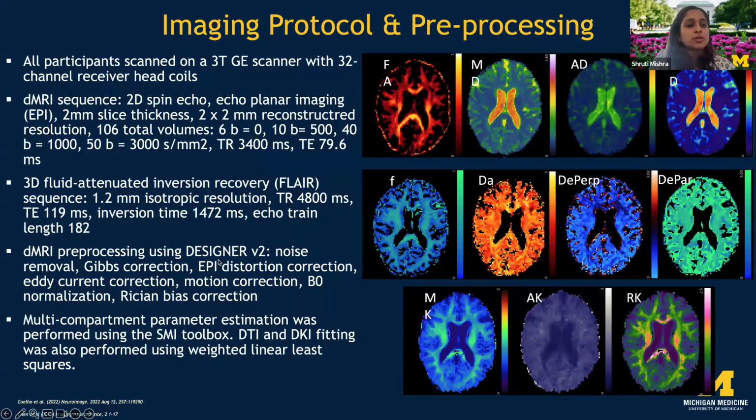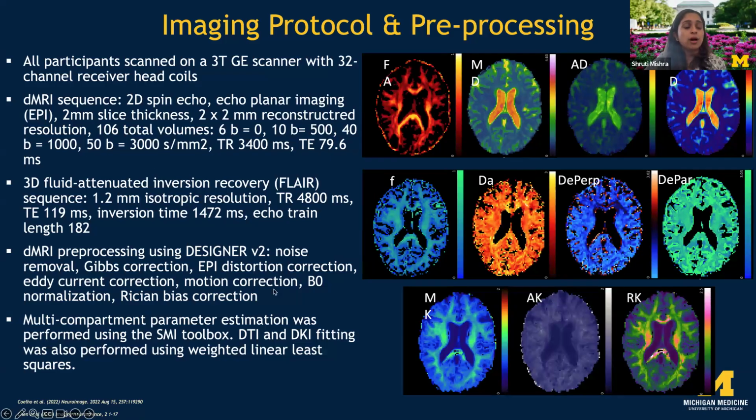All of our participants were scanned on a 3T scanner with a 32-channel head coil. Our diffusion MRI sequence was a 3-shell protocol. In other words, we had b-values of 500, 1,000, and 3,000.